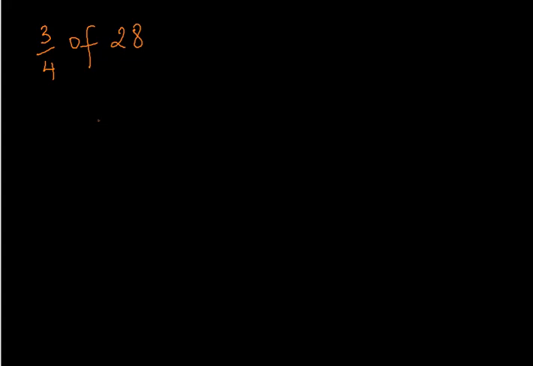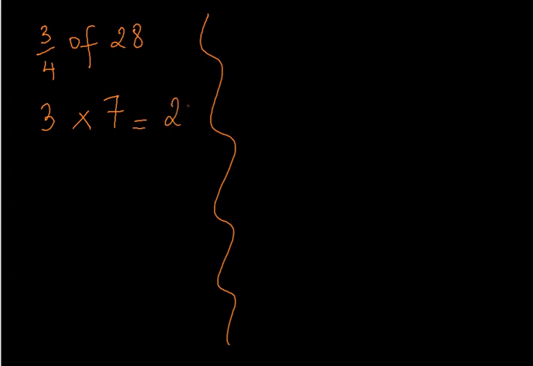So 3/4 of 28, how much is this? Again, you can use the first method where you ask yourself how many times does 4 go into 28, and we know for a fact 4 goes into 28 7 times, because 7 times 4 is 28. Just leave the top number as it is, so times by 3, and we know 3 times 7 is equal to 21.